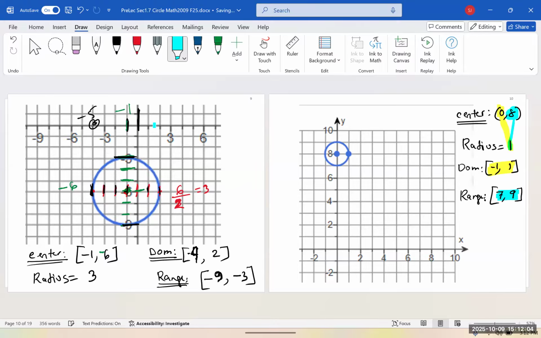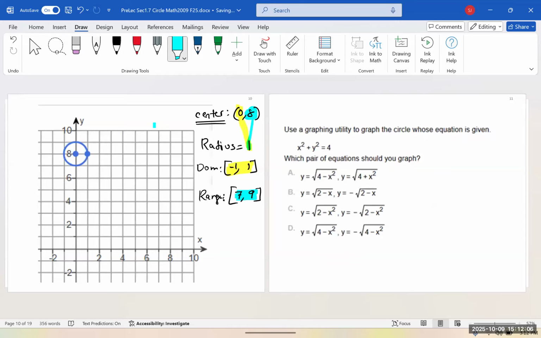So you're done with basic stuff. Now, one question from the homework is asking, use a graphing utility to graph the circle whose equation is given, x squared plus y squared equals 4. And then figure out which of these choices is correct.